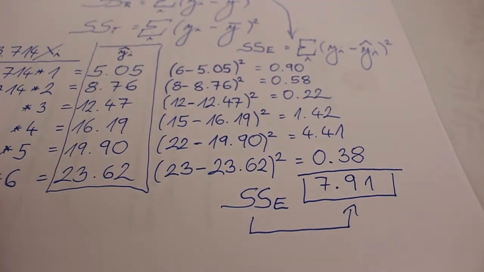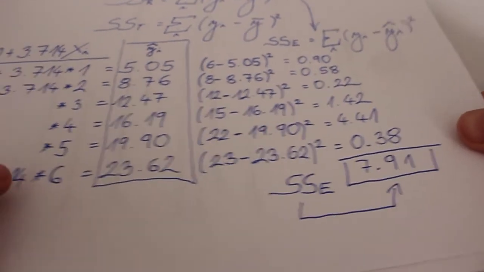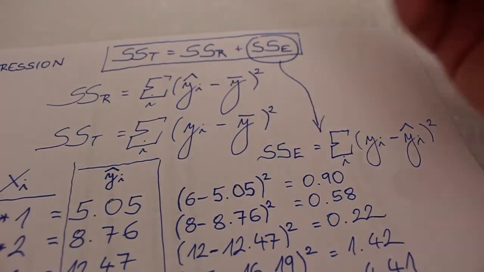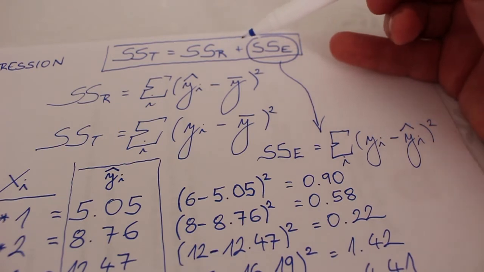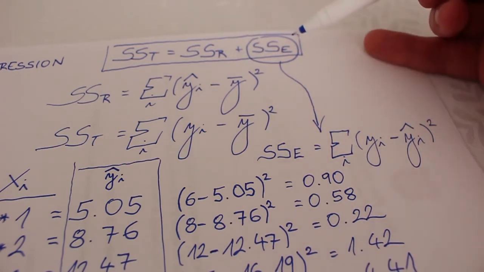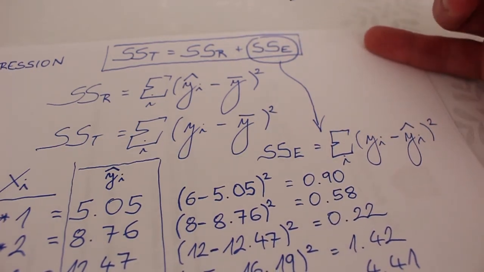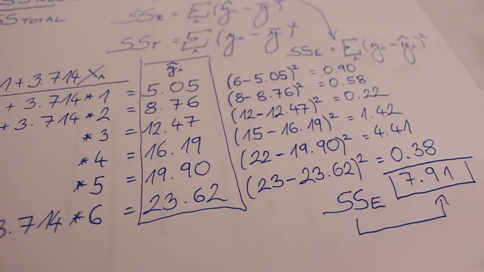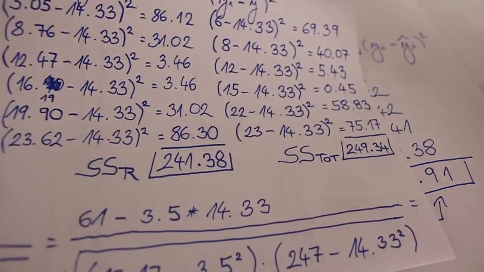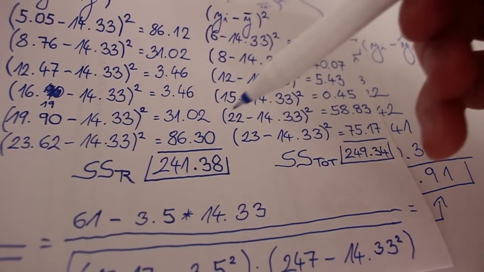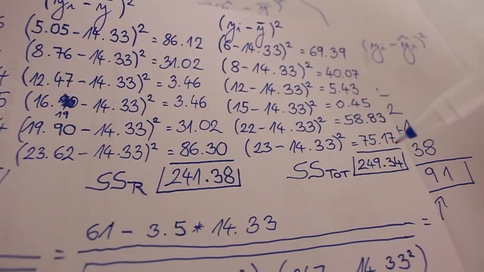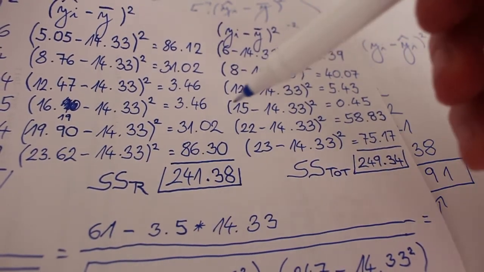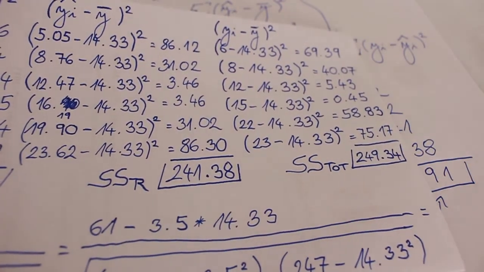We can provide a proof, because we know that the total sum of squares is calculated as the summation of the regression and error sums of squares. So I will calculate the difference, and I will give you the proof that my error sum of squares is calculated correctly.